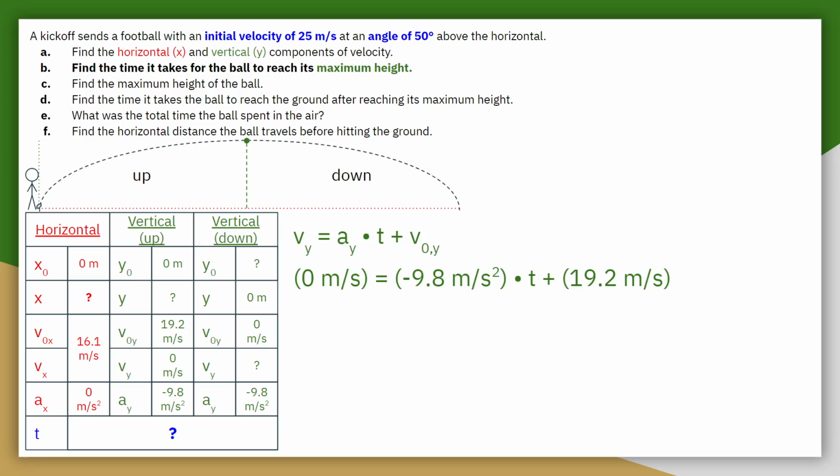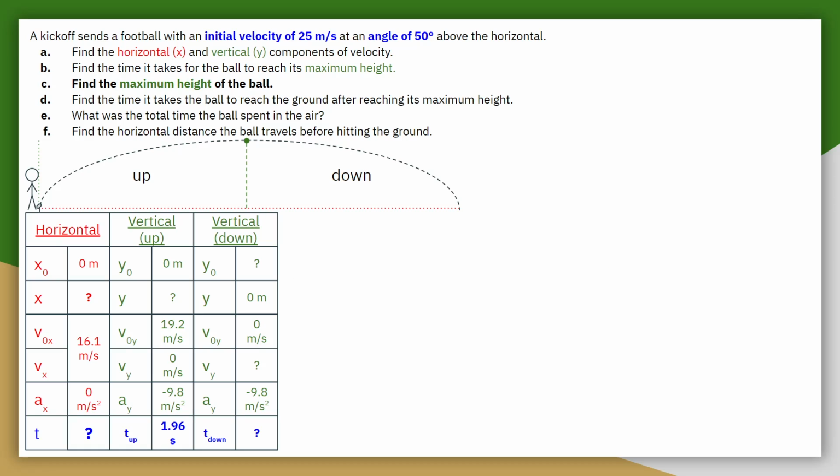Plugging in the values we know, 0 for the final velocity, negative 9.8 for the acceleration, and 19.2 for the initial velocity, we can simplify and rearrange the equation to try to get time by itself. Our time would be 1.96 seconds. That is the amount of time it would take from the time the ball has been kicked to the time it reaches its maximum height.